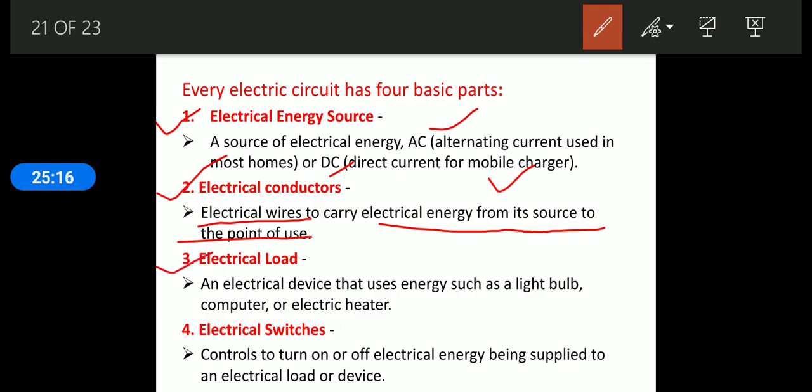Then electrical load: light bulb, heater, computer. Then electrical switches to turn on and off the electrical energy being supplied to an electrical load or device.